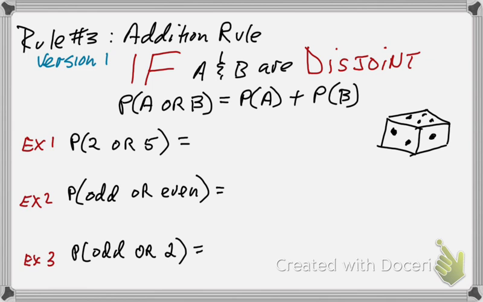I can't roll a 2 and a 5 at the same time. They are disjoint. So I can use this version of the rule. So it's going to be the probability of 2 plus the probability of 5. Well, the probability of 2 is what? 1/6. Same for 5. So I'm getting 2/6.